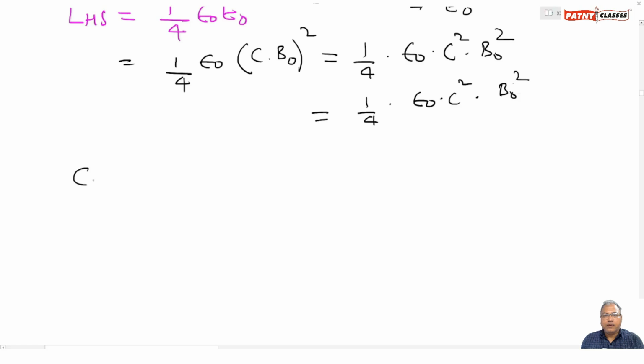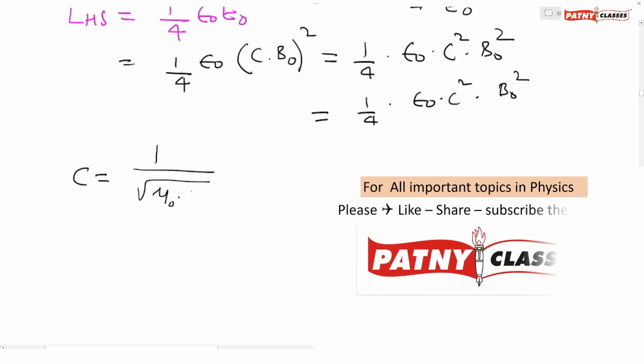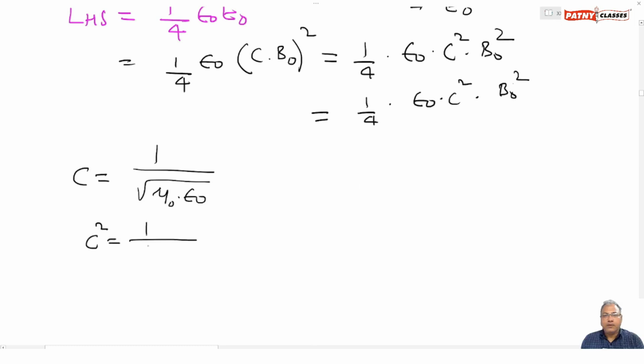We also know that C equals 1 upon under root of mu naught multiplied by epsilon naught. Squaring both sides, C square equals 1 upon mu naught multiplied by epsilon naught, which implies C square multiplied by epsilon naught equals 1 upon mu naught.